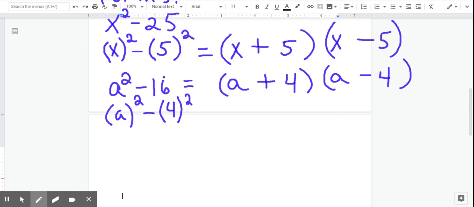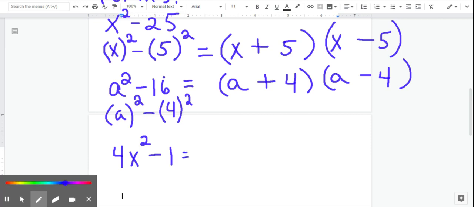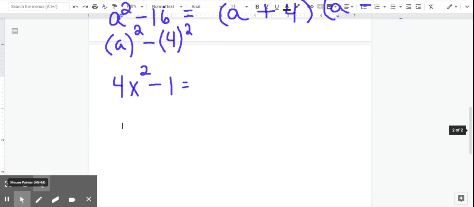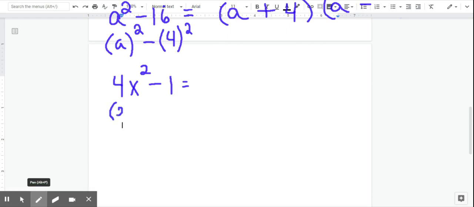What if we had something like 4x squared minus 1? Well, what squared gives us 4? 2. What squared gives us x squared? x.